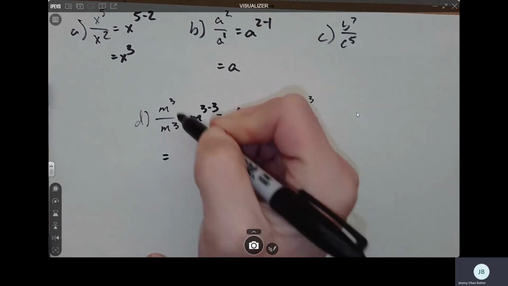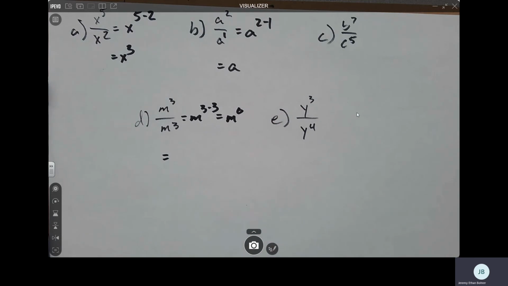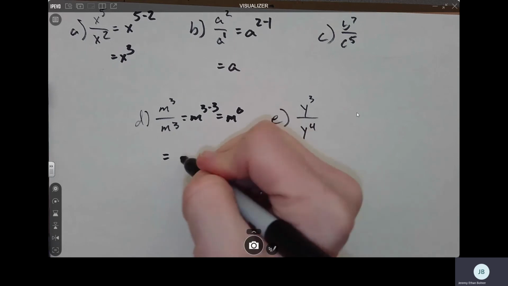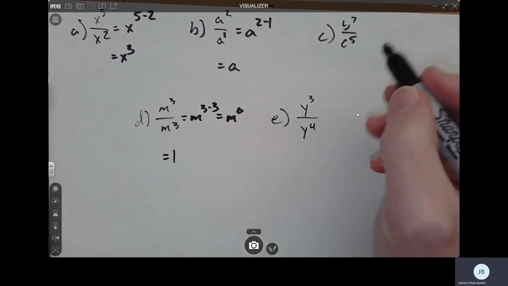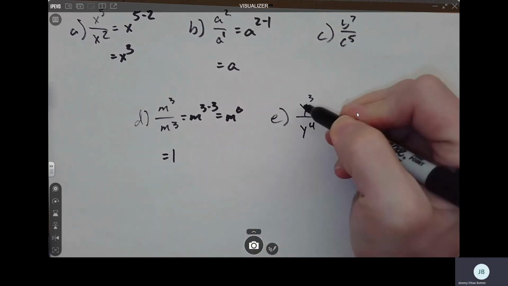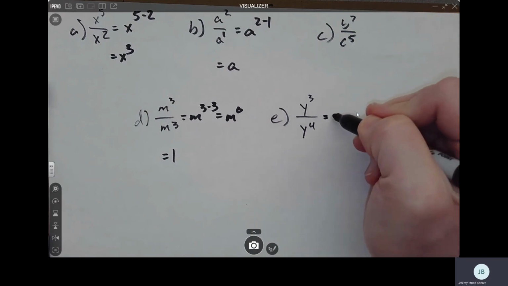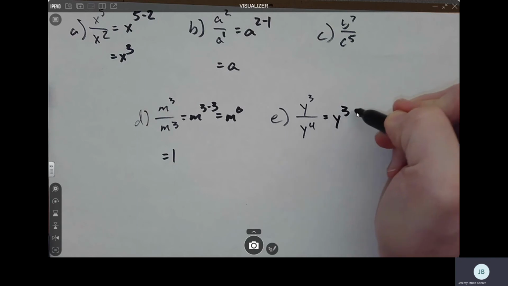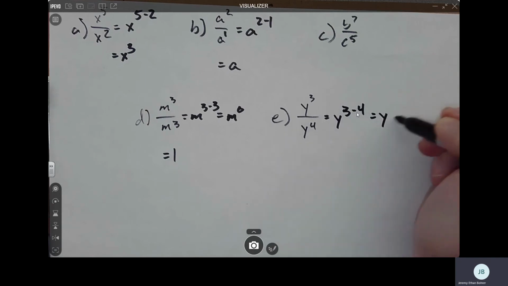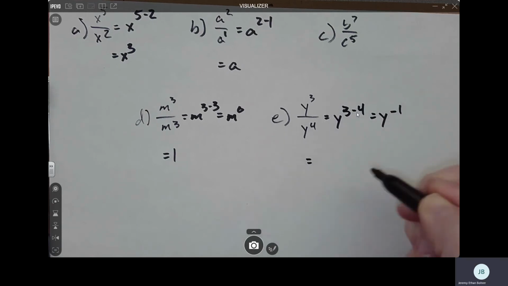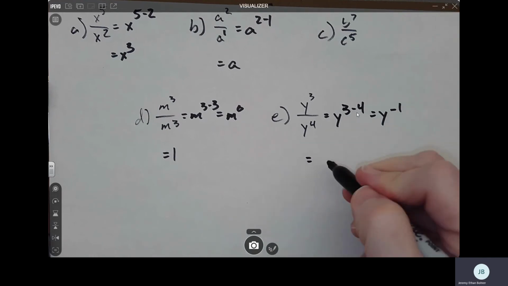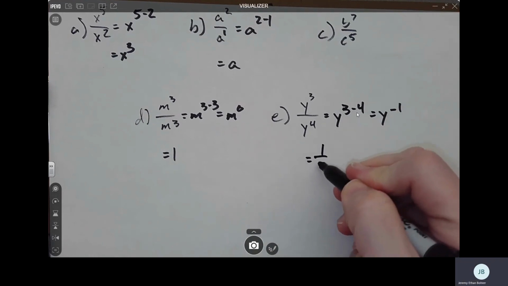And remember that if we have anything that is not equal to 0 divided by itself, we get 1. So m to the 0 equals 1. Finally, we have y cubed divided by y to the 4th. That's y to the 3 minus 4, or y to the negative 1, which we will find out is 1 divided by y.